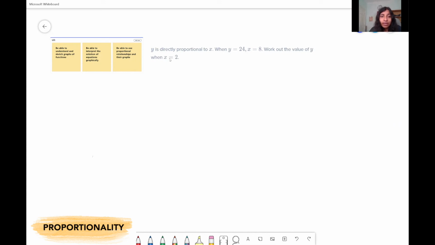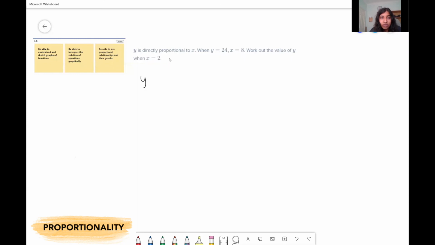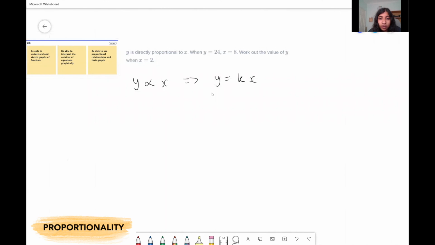If y is directly proportional to x, that means y is equal to kx. So what we need to do is find out what the value of k is. We can do that by subbing in the numbers that they've given us. So it'll be 24 is equal to k times 8. So if you do 24 divided by 8, that just means 3 is equal to k.